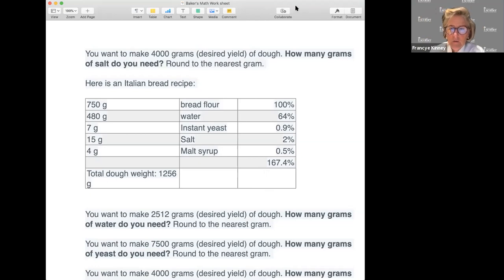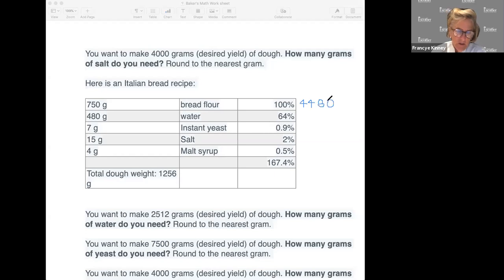Now from that number, you can figure out anything else. You already know your bread flour is 4,480. So all you have to do is take that number and multiply it by the different percentages. We'll take 4,480 and multiply it by 64%, and we get 2,867.2, which we'll round to 2,867.